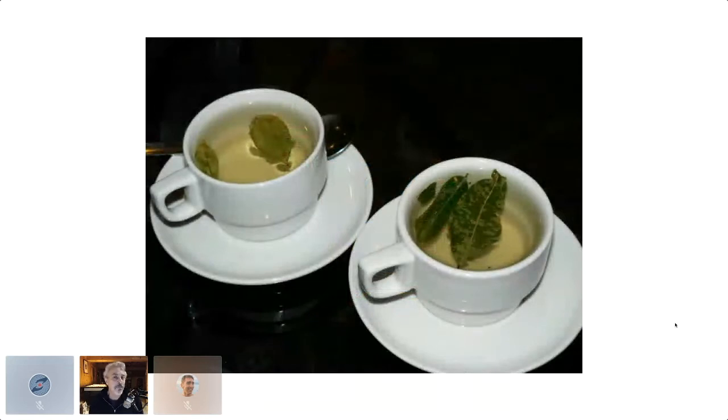Usually there'll be a couple of leaves in a cup, and the water will turn a bit green. The aroma is light and pleasant. If you can say it has a green aroma, I think many of you will know what I mean. So it has somewhat of a green aroma and a pleasant, if lightly astringent flavor.